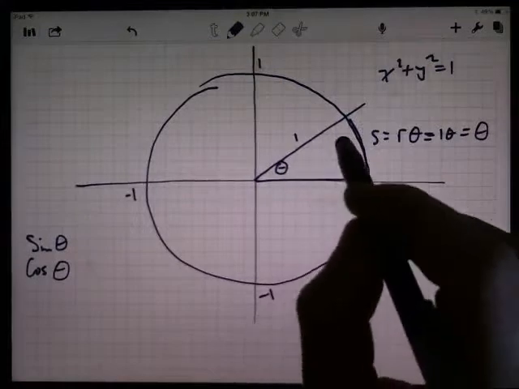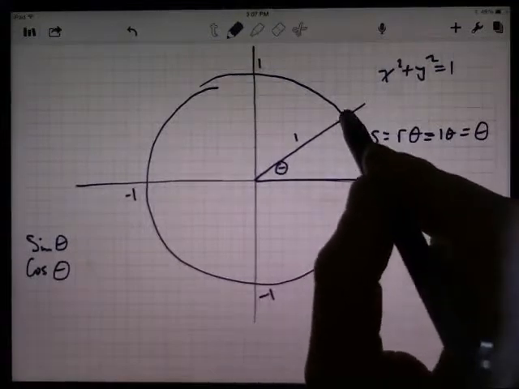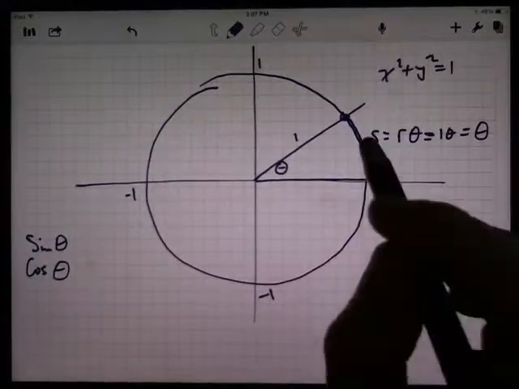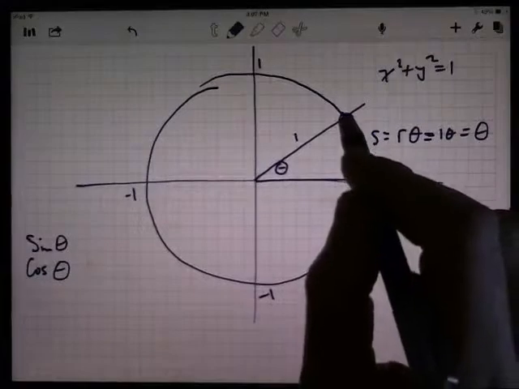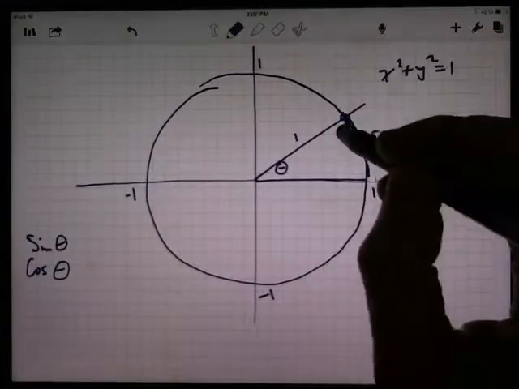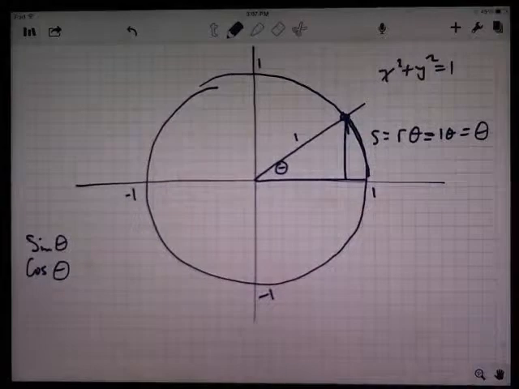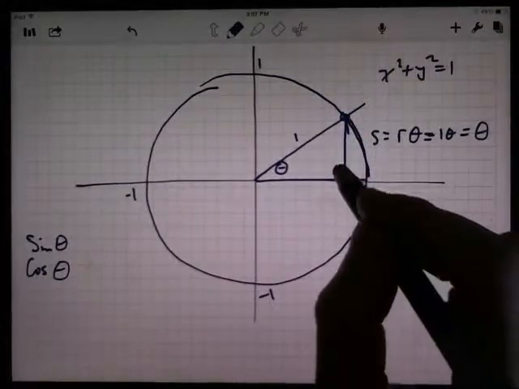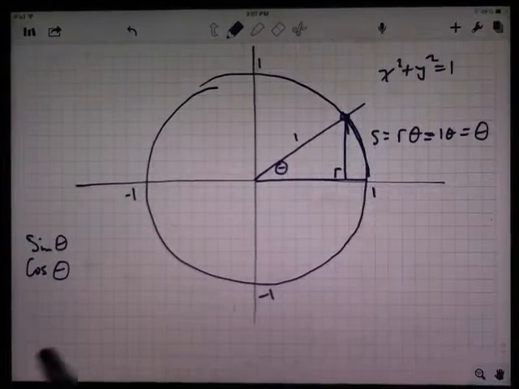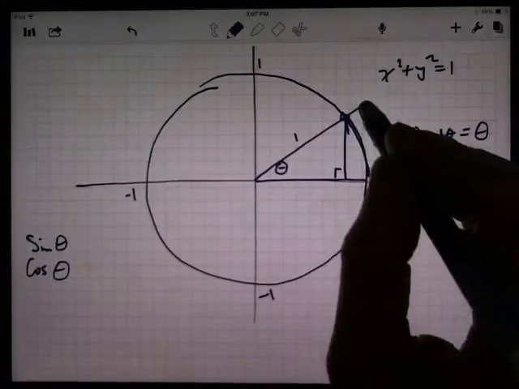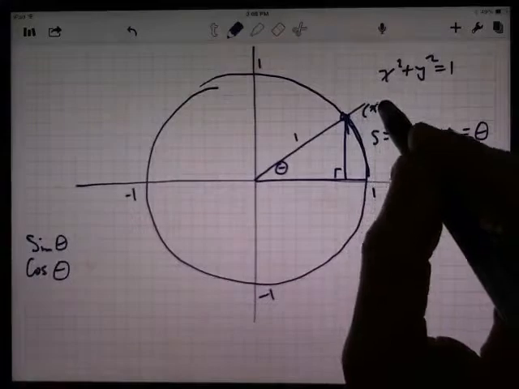Anyway, here we go. I want to look at the coordinates of this point right here. I can see very clearly if I drop a perpendicular down to the x-axis. I don't know if I've ever said this before, but I want to drop it to the x-axis, right? This point here has coordinates x, y.